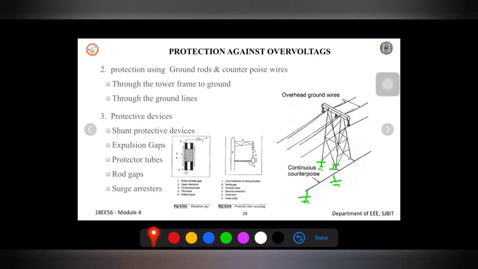We have a fiber tube at the side of these electrodes, and a hollow space within the center of this explosion gap, that is called the gap. Any spark will be initiated within that gap. So that is called an explosion gap here.